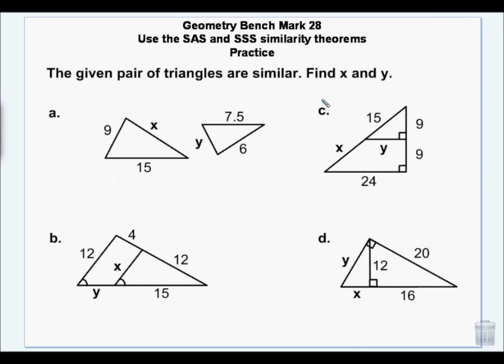Some more practice. Now this triangle, do you see how it's just flipped over, rotated around? So we start looking, starting with the short side. This short side, that's the short side. And then from there, we can see that x and 6 go together, and then 15 and 7.5.